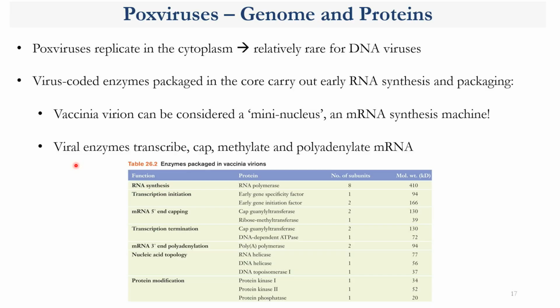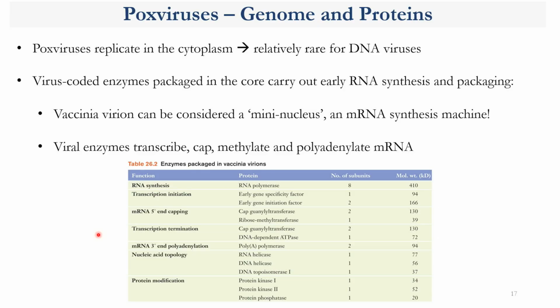And your viral enzymes then transcribe the mRNA, they cap it, they methylate it, and they also polyadenylate that mRNA, okay? So here are the different enzymes that you can see are packaged in these virions, and what the protein is and what the function of that protein is, okay? So you can see that they have an RNA polymerase that's involved in RNA synthesis. They have a gene for capping, okay?